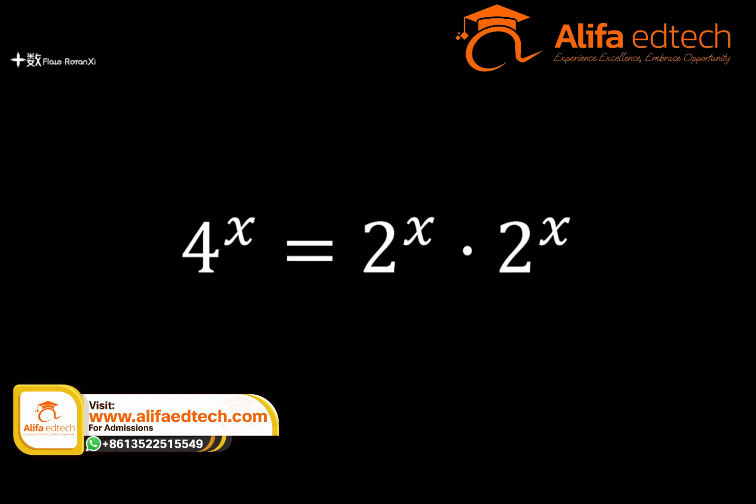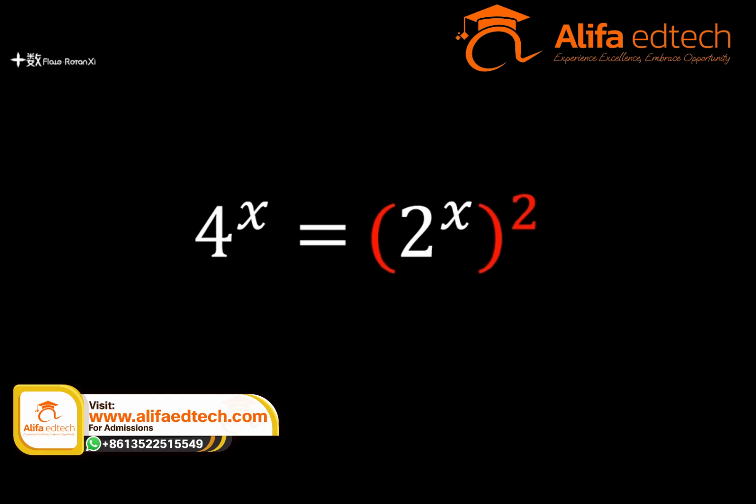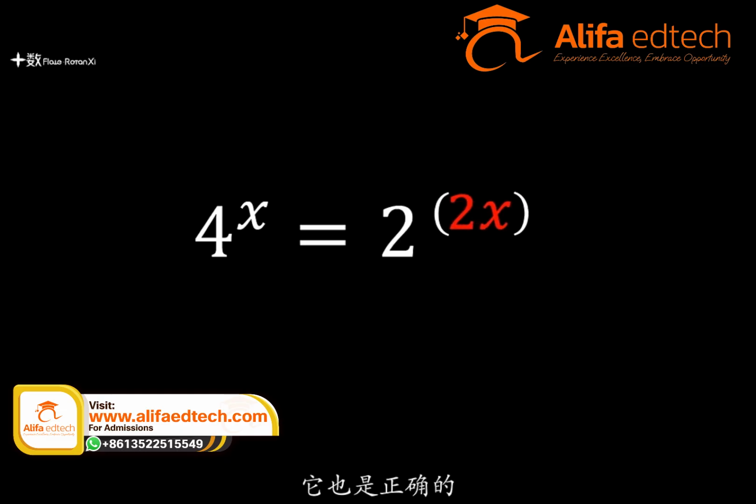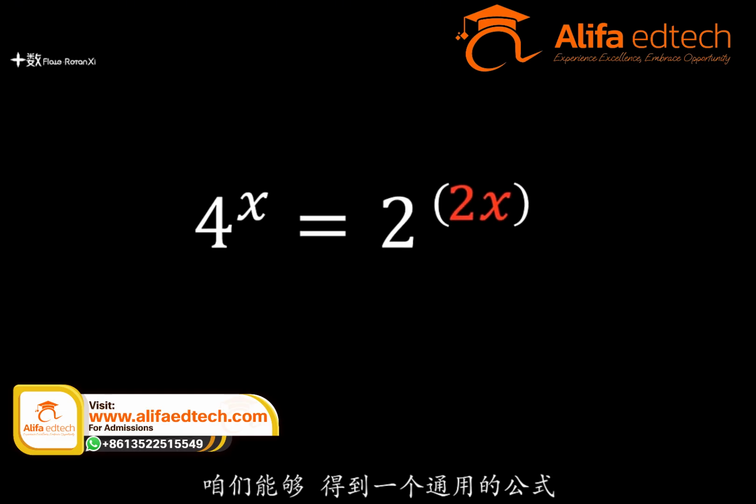And notice that x and 2 can exchange positions without issue. Not only that, in this case, multiplying 2 and x directly is also correct. We can derive a general formula for expressions like (a^m)^n, where m and n can exchange positions or be multiplied together. Interested students can prove this. The process is quite simple.